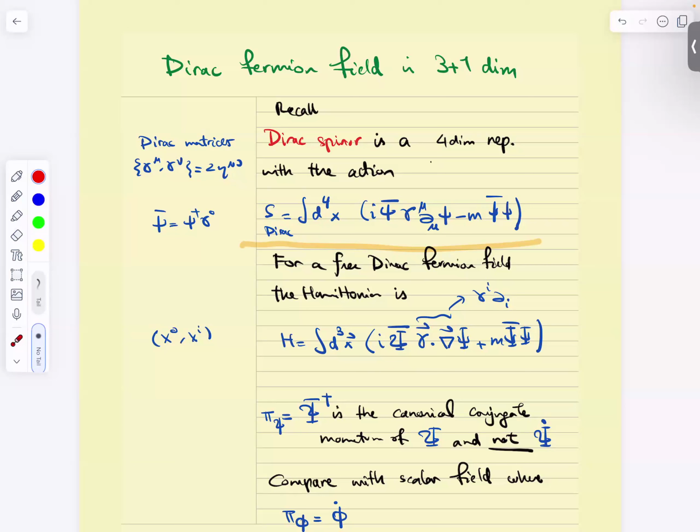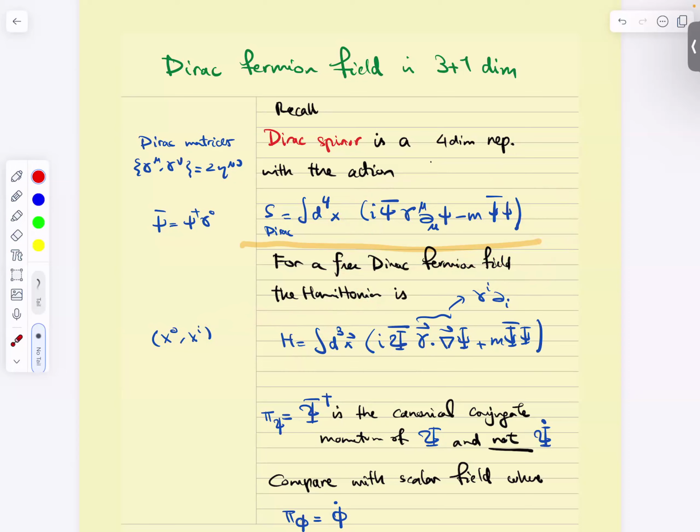So what is that? I said this before. In the scalar field, to get a Lorentz invariant theory, you need two derivatives. Here, you can do with a single derivative, therefore you use a single derivative. Because the principle was the lowest number of derivatives, lowest number of fields. So this is a Dirac action. But the single derivative means something for the Hamiltonian. How do you construct the Hamiltonian from the action? You start with the Lagrangian. You take the derivative of the Lagrangian with respect to the field derivative to get the canonical conjugate.